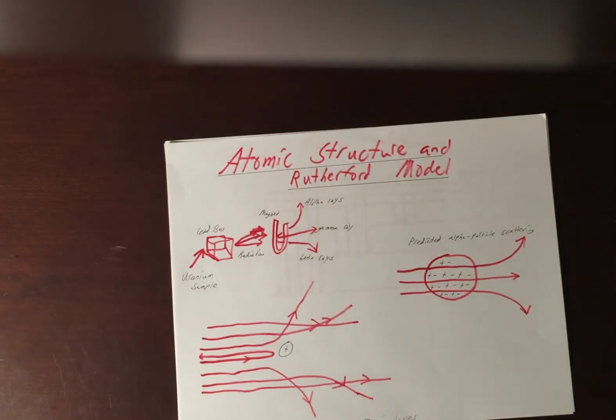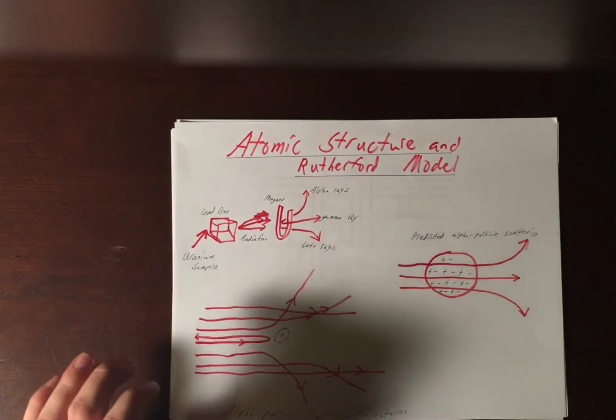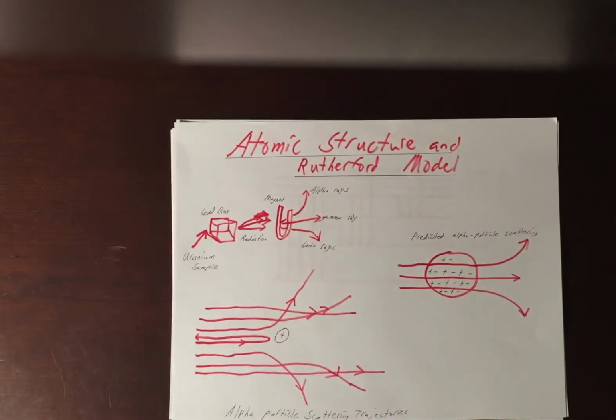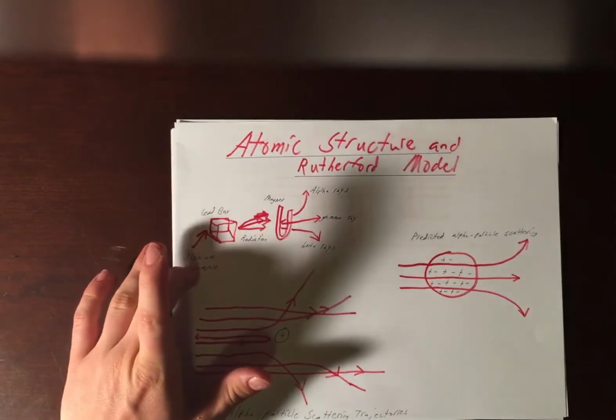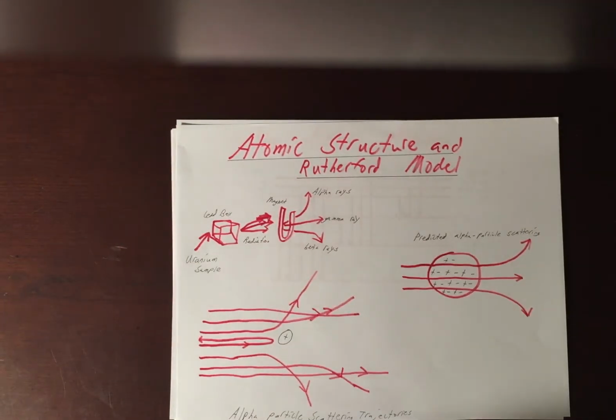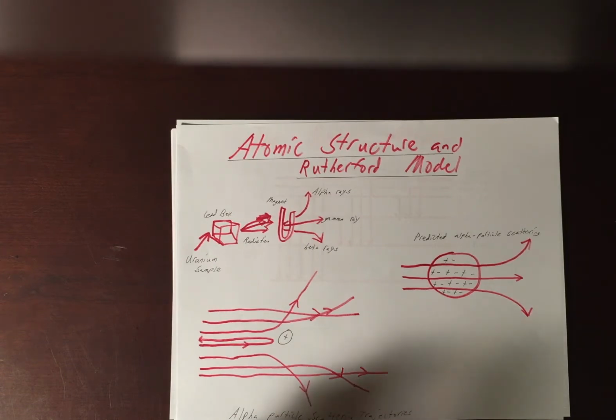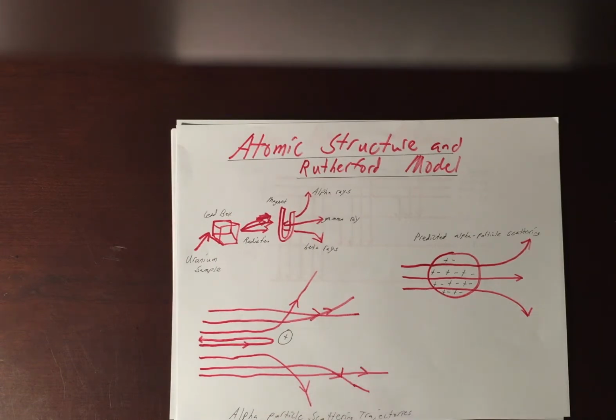Next, we have the atomic structure and the Rutherford model. Ernest Rutherford came up with the experiment located right here, and pretty much he took a uranium sample, sent it through a lead box, caused radiation to come out, and put it through a magnet.